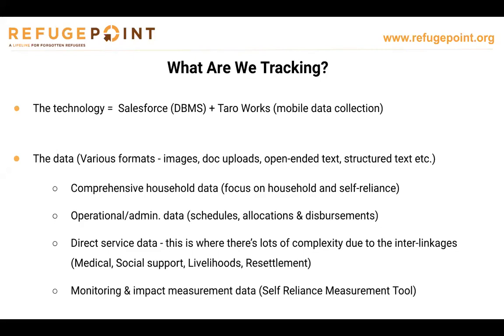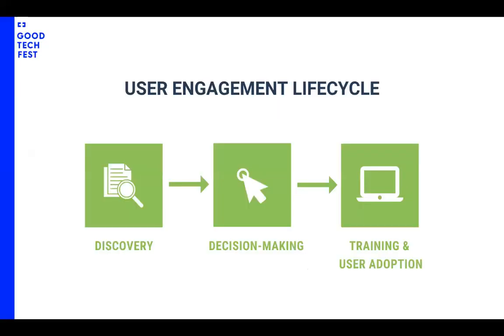And I think that's the ideal that we would want to strive for in building these types of solutions, is ensuring that it's fit for purpose and fit for the organization's needs, but making use of best practice technology. So I really do want to dig into that a bit more today and how we got there. So on the screen, we have the user engagement life cycle, the way we look at it.